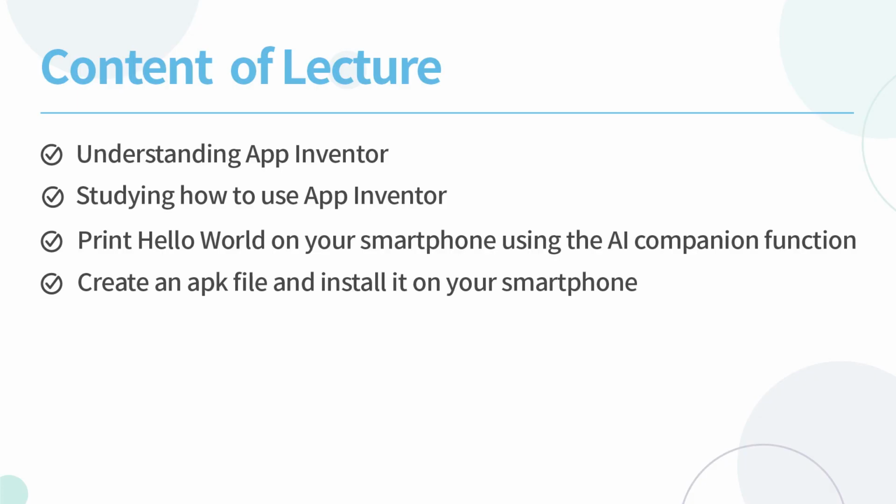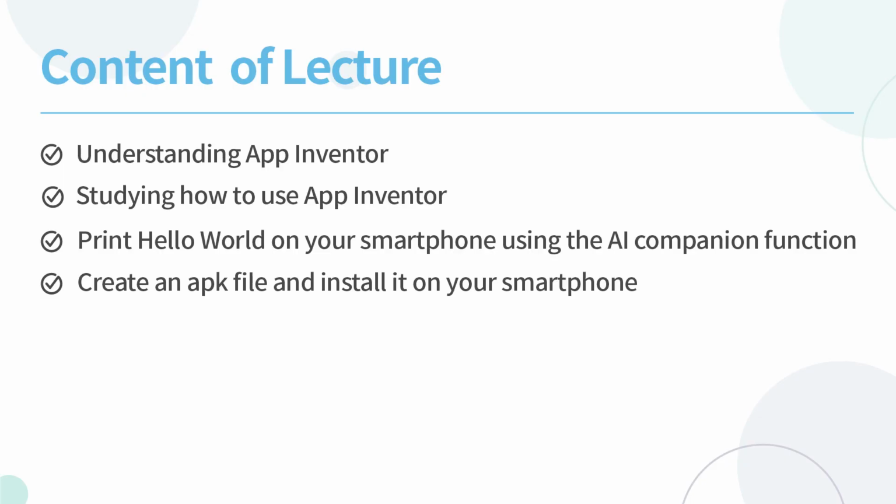We're going to study how to use App Inventor and build a very simple application that just prints hello world on your smartphone. For that we have to use the AI Companion function in order to take a test.